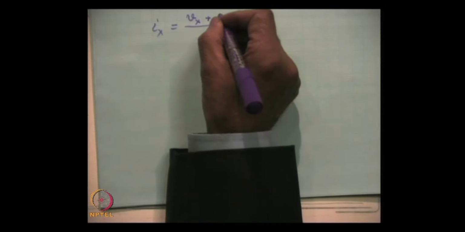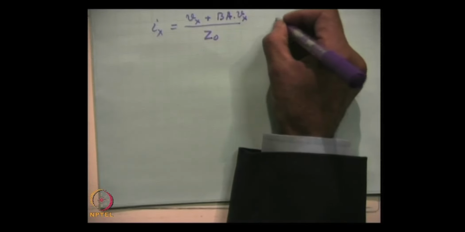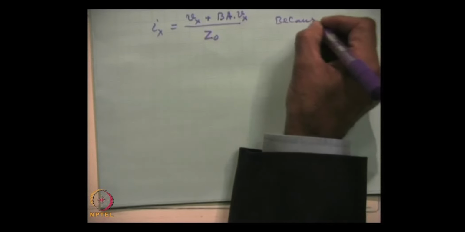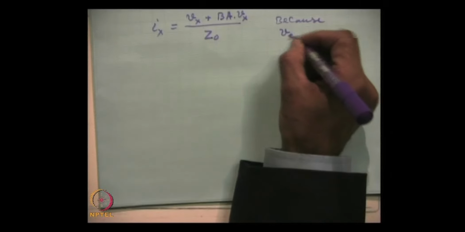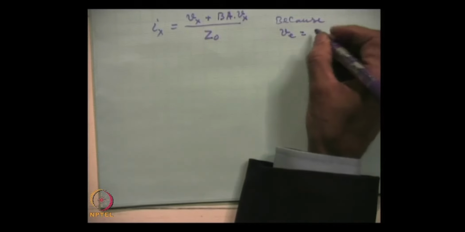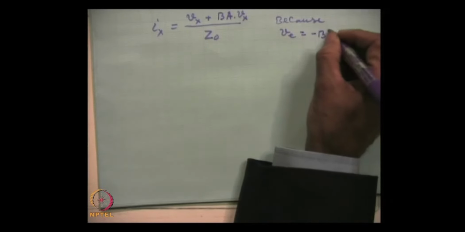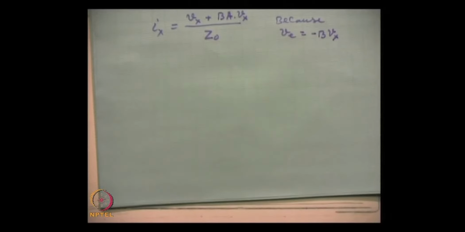The relationship for I x becomes equal to V x plus B A into V x by Z 0, because V e, the error signal as we have shown above, is minus B V x.